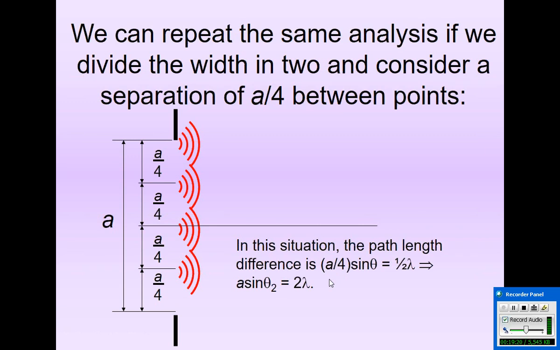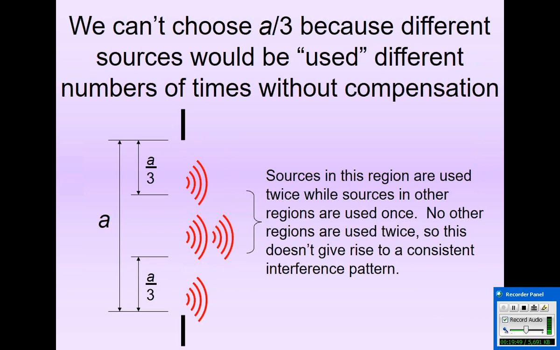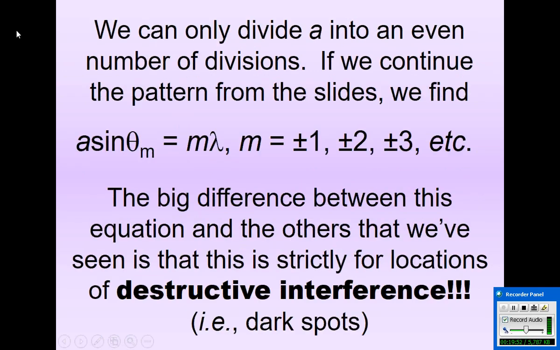If we divide it into 6 equal regions, we would get a over 6 sine theta equals 1/2 lambda, or a sine theta equals 3 lambda. Or we could do a sine theta equals 4 lambda, or 5 lambda, or 6 lambda. So we get this pattern of a sine theta equals m lambda for our expression for single-slit diffraction.